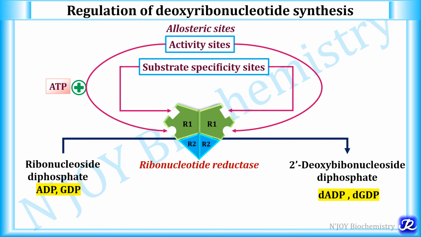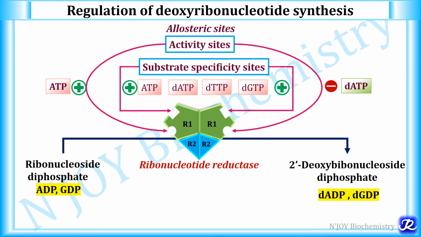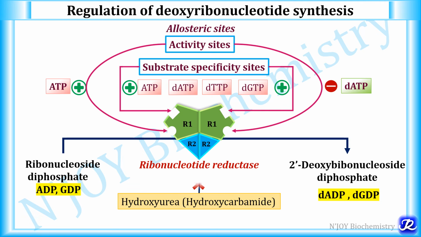So ATP is the activator, and when deoxy-ATP binds to this activity site, there is inhibition of the ribonucleotide reductase enzyme. And various other effectors like ATP, dATP, dTTP and dGTP regulate the reduction of specific ribonucleotides. So this is how deoxyribonucleotide synthesis is regulated.